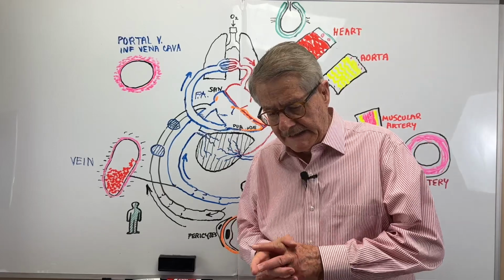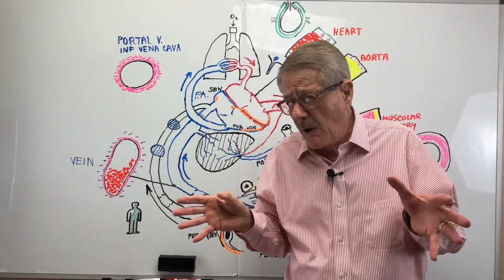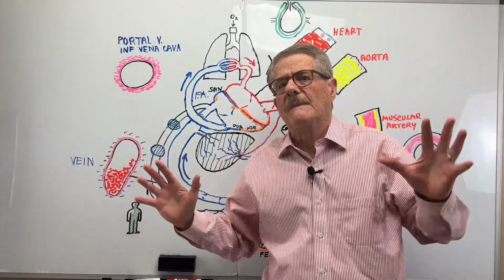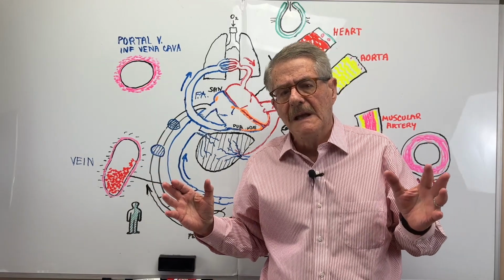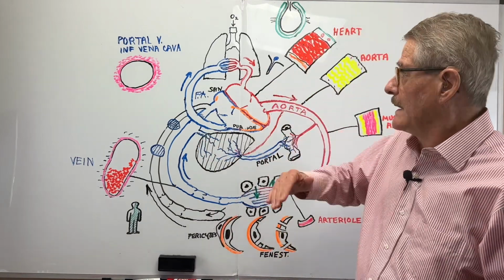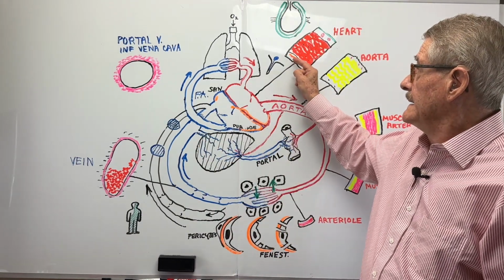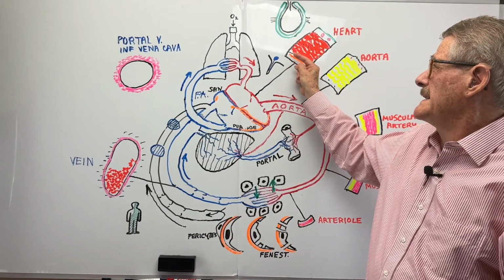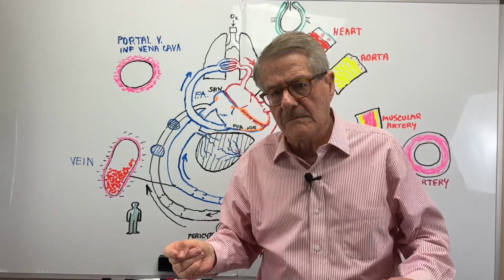And then comes a small series of small branches from that conducting system, which are the Purkinje fibers. All of them tend to be located in the intima adjacent to the myocardium.